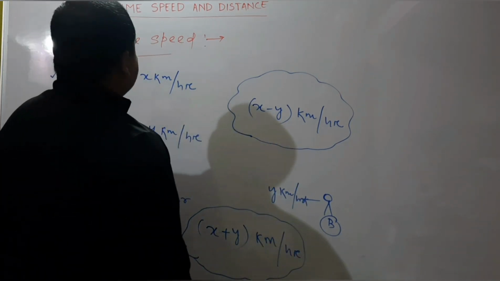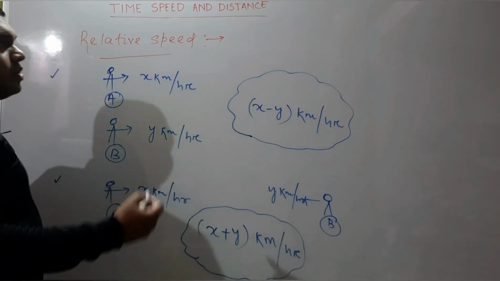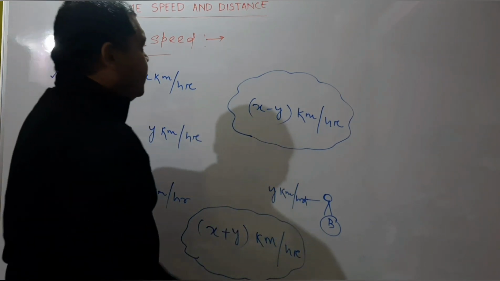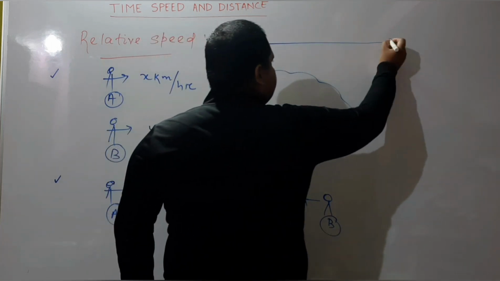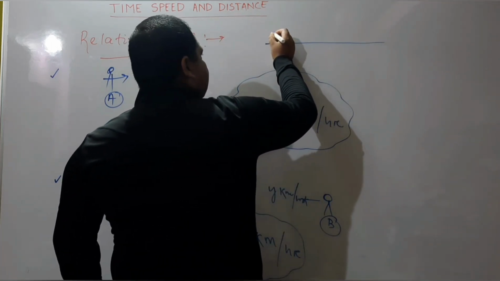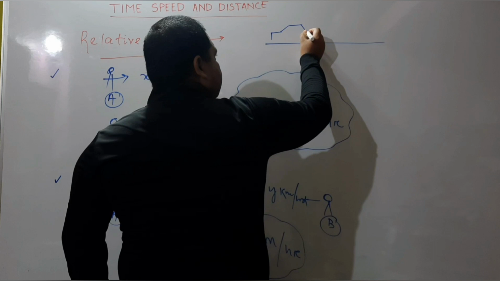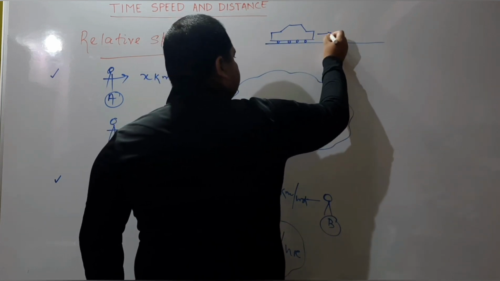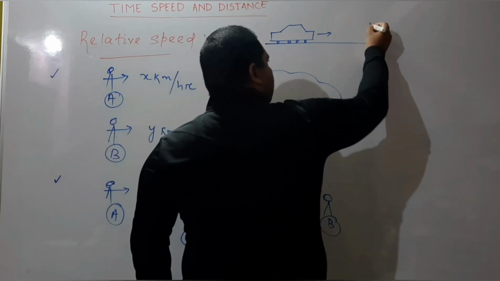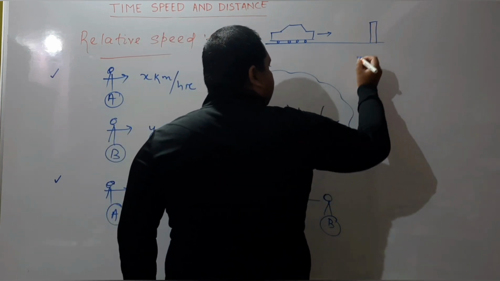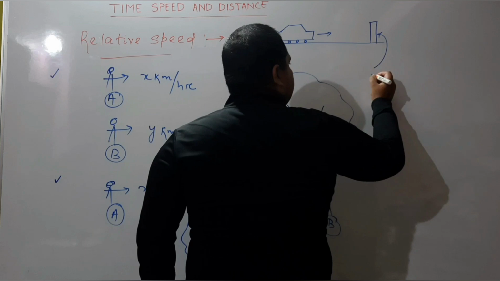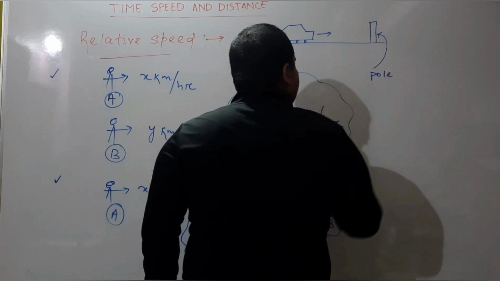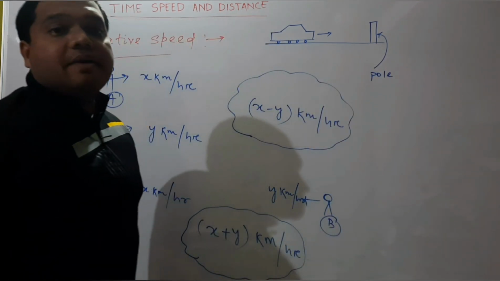Okay. Now another speed is called absolute speed. When you calculate absolute speed, one body is in motion, suppose this is a car. Car is moving in this direction, and there is a pole, that means it is a constant body. So for this case, you can find absolute speed.